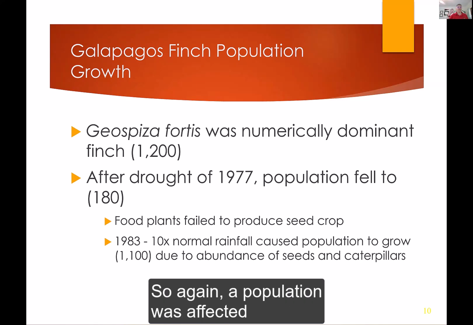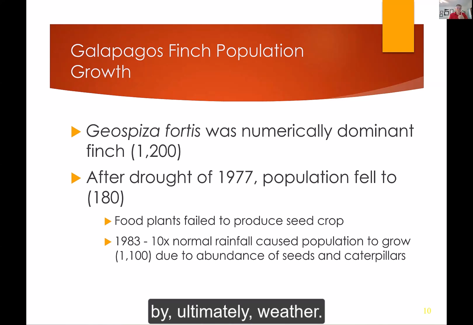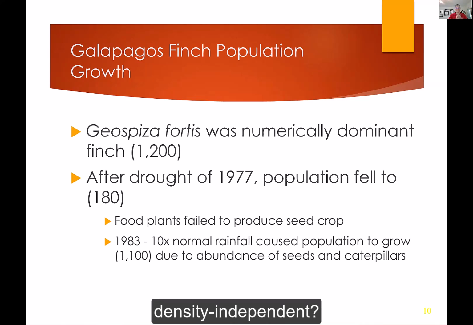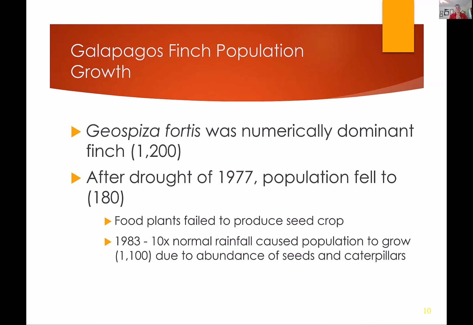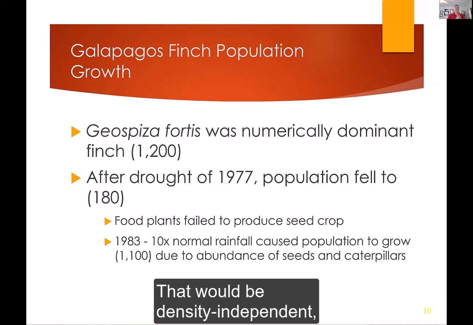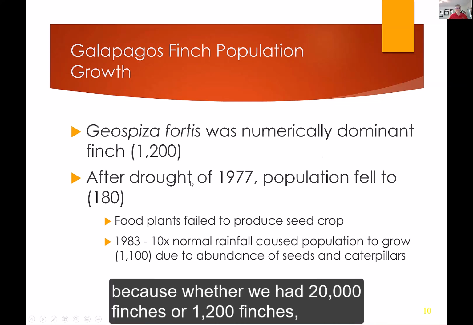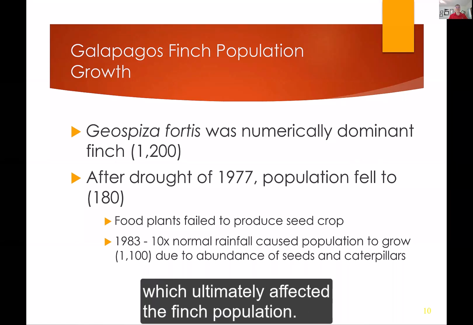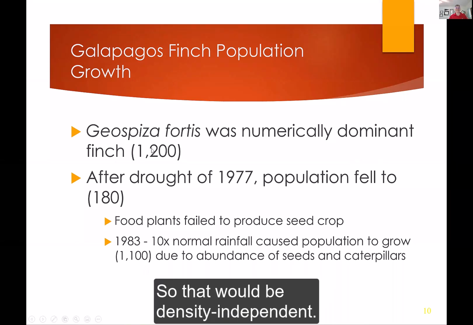So again, the population was affected by ultimately weather, right? So would that be density dependent or density independent? Density independent. Right, that would be density independent, because whether we had 20,000 finches or 1,200 finches, right, the drought came in, wiped out the seeds, which ultimately affected the finch population, right? So that would be density independent.